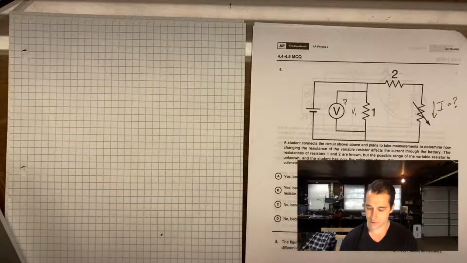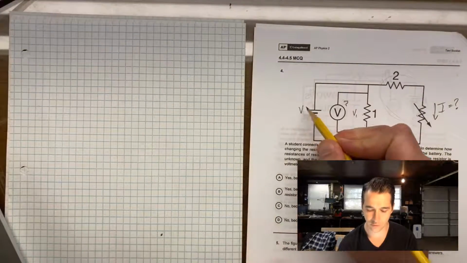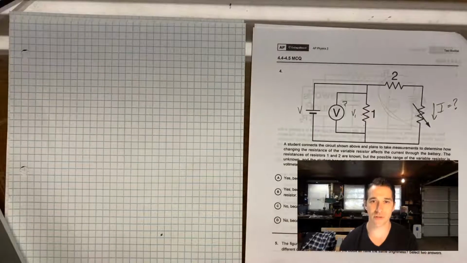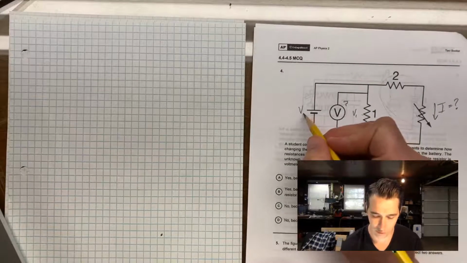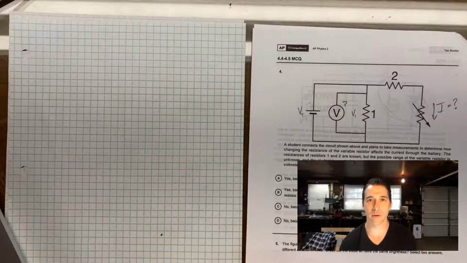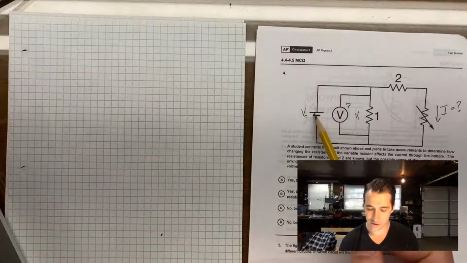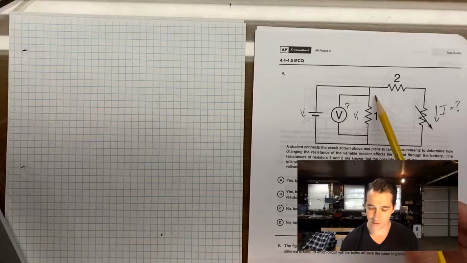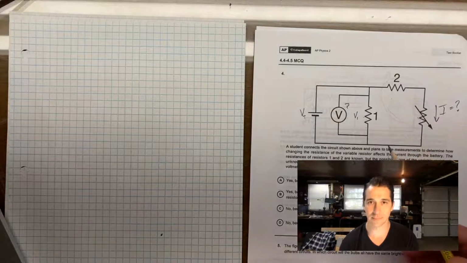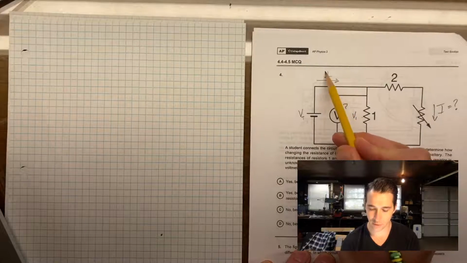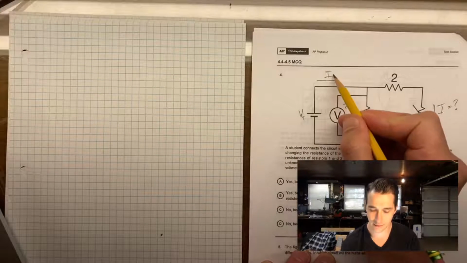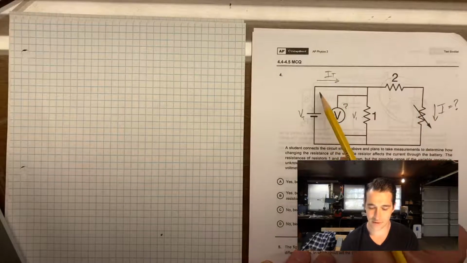We have some total voltage from the battery. They don't talk about that at all, so just leave it as V. Maybe I could call it V total or V battery, whatever you want. That voltage is going to be driving this current. Current will leave the battery. We usually call this total current, IT, or the battery's current.